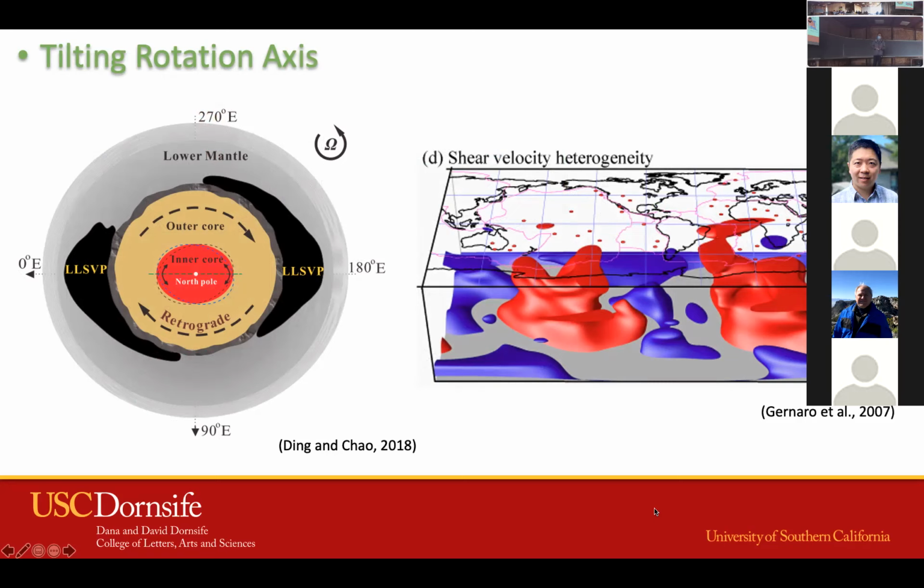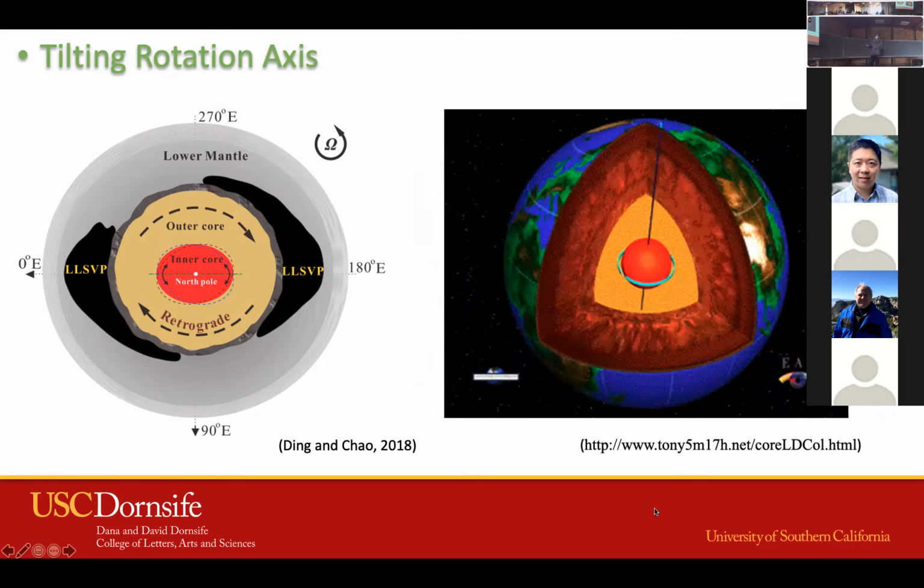And when we check the shear wave velocity of these two regions, it's not symmetric, which means if the inner core is free to rotate, its rotation axis may not be the same as the Earth's rotation axis. Previous studies all assumed the inner core rotation axis is the same as the Earth's rotation axis. Here, we want to explore whether the inner core rotation axis is a little bit tilted, like this one.